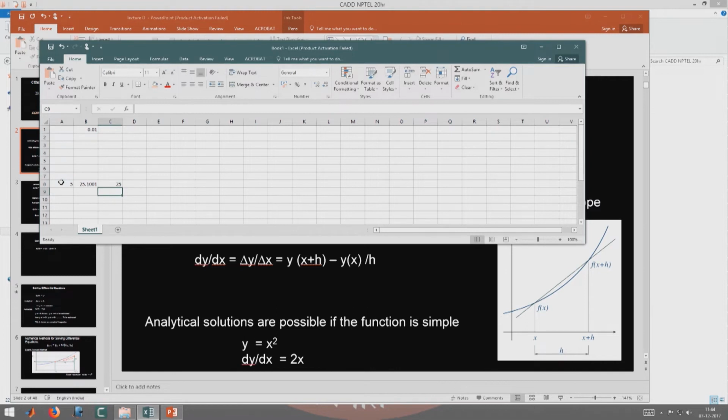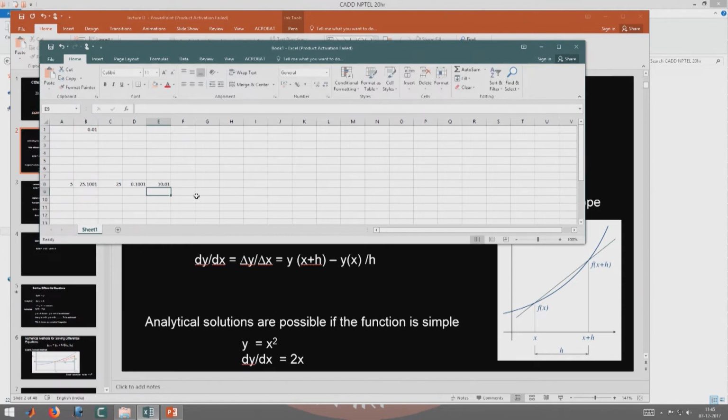Then what we do is we take a difference. This minus this is the difference, and then divided by h.